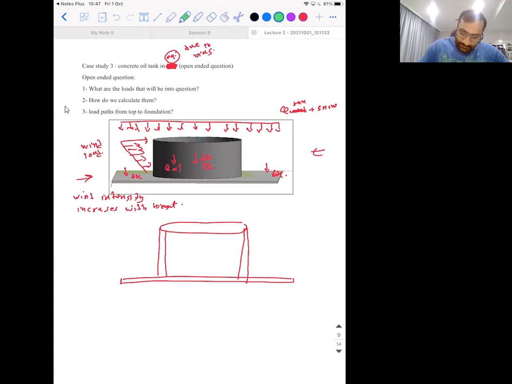This is a lid. So the lid has a weight. And the weight of the lid, which is all this area, will boil down to go into these two sides. These are basically structural elements now. Why?